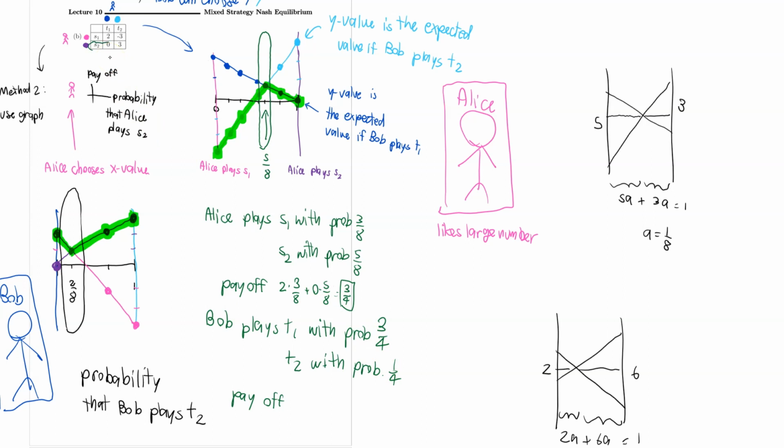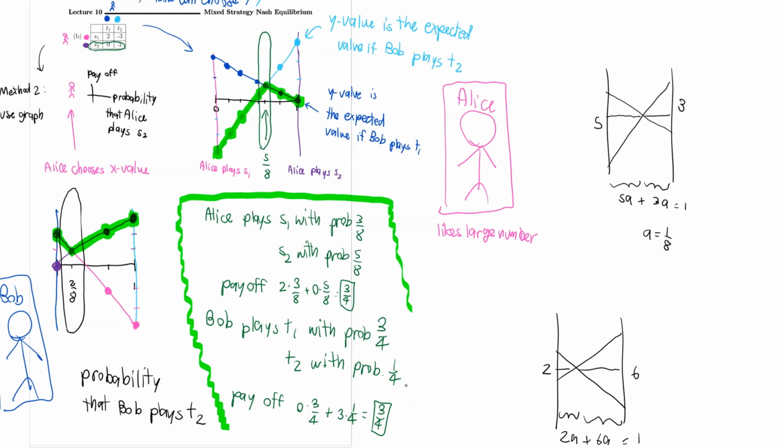So if Alice plays S2, the payoff is going to be 0 times 3/4 plus 3 times 1/4, which is 3/4. And this is indeed the same number that we saw earlier. So I can now conclude that this is the Nash equilibrium of this game. And the value of the game, or the payoff of the game, is going to be 3/4.